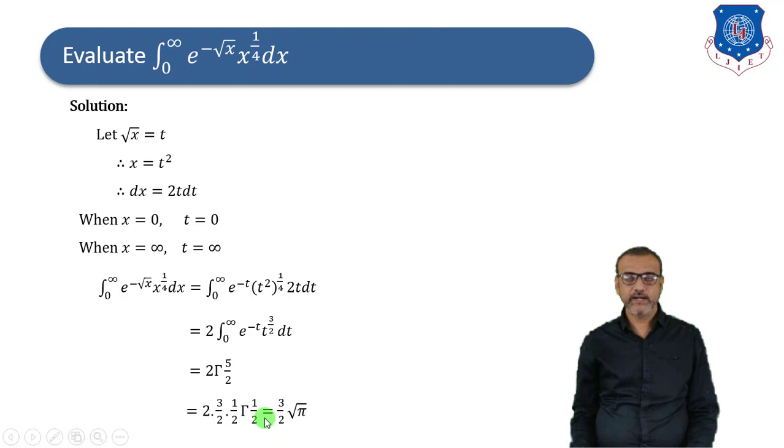Now we will simplify this result. This 3 will be as it is, 2 will cancel out and this one 2 will be as it is, and value of gamma 1 by 2 equals root pi. So 3 by 2 root pi, this is the answer of the given integration.